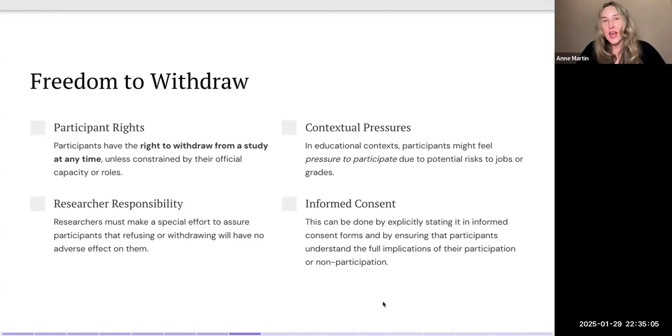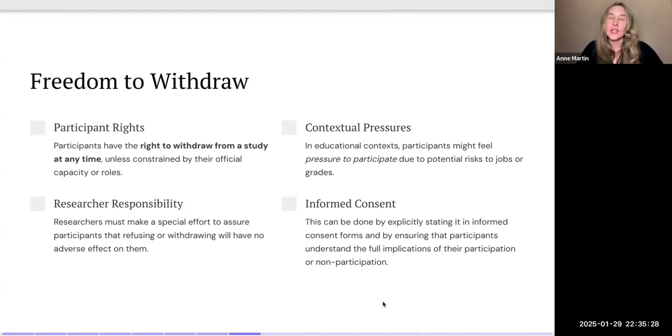Particularly in education, it's common for teachers to want to have their students be their research participants, or maybe a principal to have their teachers be research participants. But when there is a relationship like that, it could lead to participants feeling like they have to participate or there will be a potential risk to them.